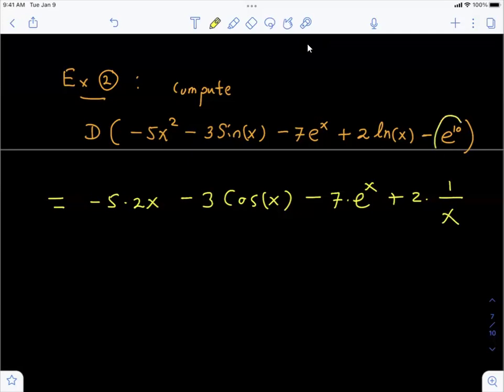And then what is the derivative of e to the 10? We know the derivative of e to the x is e to the x. So what is the derivative of e to the 10? Should that be e to the 10? Now don't forget the most important component here. To compute the rate of change, or to compute the derivative, there should be a variable.